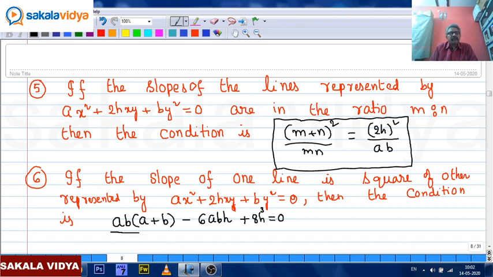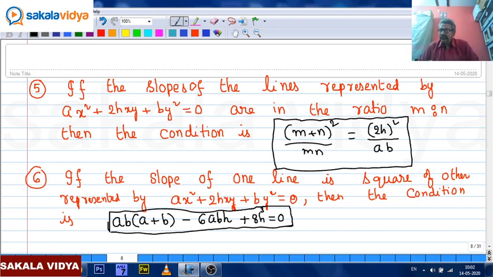So this condition we need to remember. Okay. Right. Next.